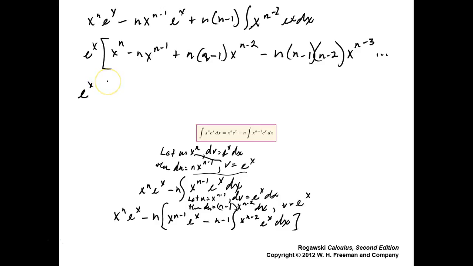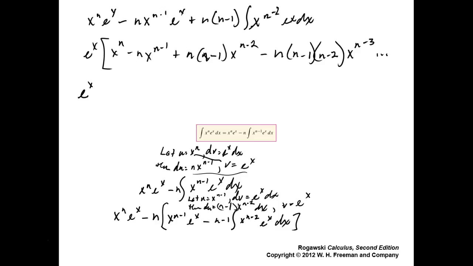How did you get the n times n minus 1? Yeah, that's times this coefficient here. You keep doing that again every time. So your next step would be let u equal this, then du would be n minus 2 times x to the n minus 3, and that's where that one comes from.